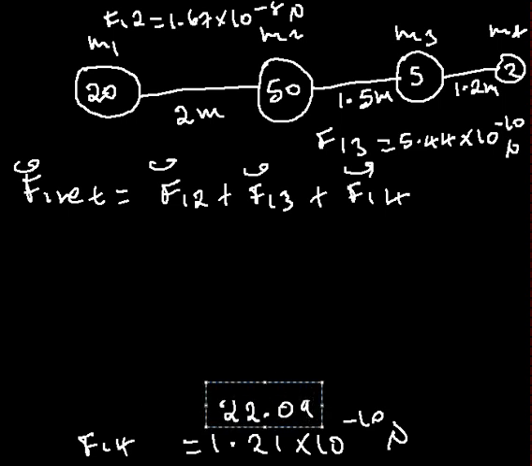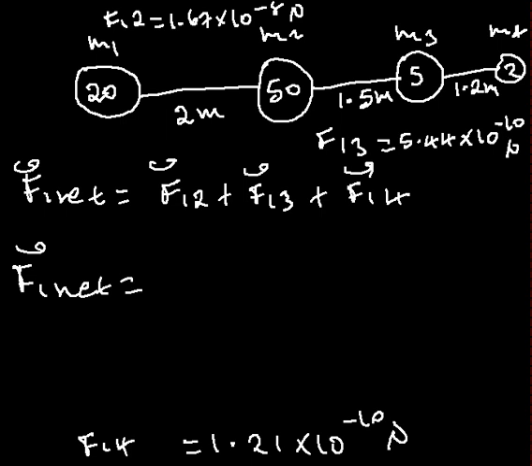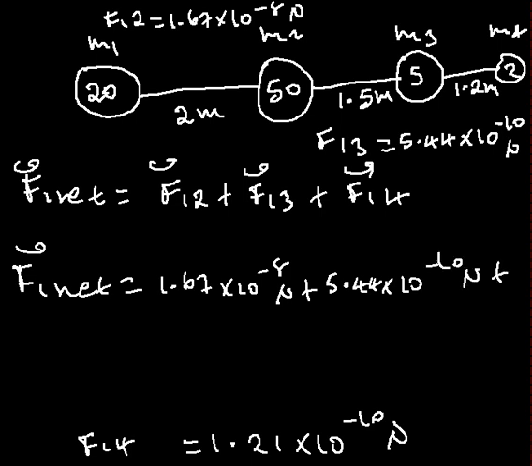We have to combine the forces in the sense that we have F1 net being given as, what is that one? We have 1.67 times 10 to the power negative 8 newtons, plus 5.44 times 10 to the power negative 10 newtons, plus 1.21 times 10 to the power negative 10 newtons.